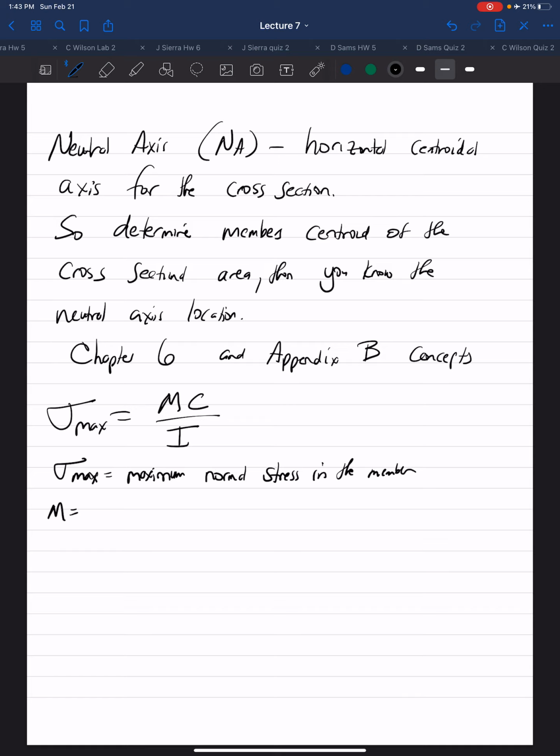M is the resultant internal moment and is calculated about the neutral axis.